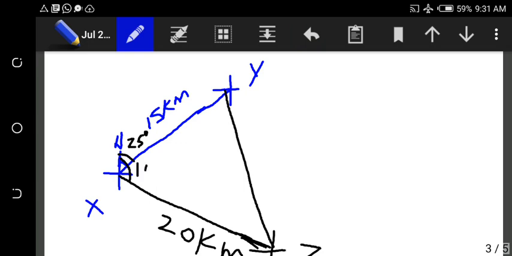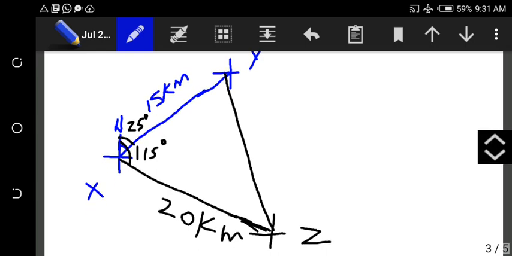So we have 115 degrees for Z, and it is 20 kilometers away. That is why we have it here. Now we are asked to find the distance between Y and Z. So we're looking for from here all the way down to this point. That is how we come about this diagram.